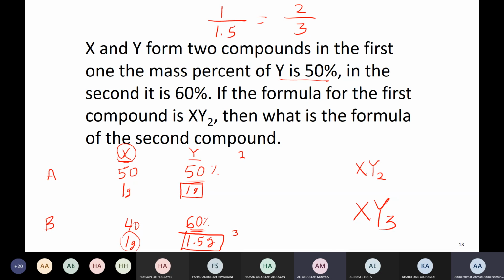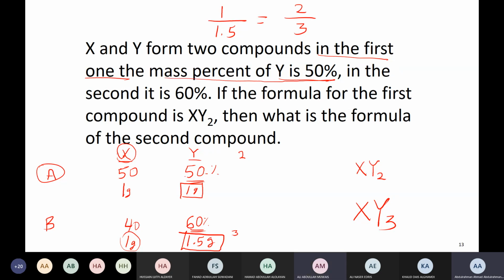Okay, no problem. As I said, first we start with 50-50, we make it 1 gram, 1 gram, right? It says here, in the first compound, A, the percent mass of Y was 50. So this is 50-50.